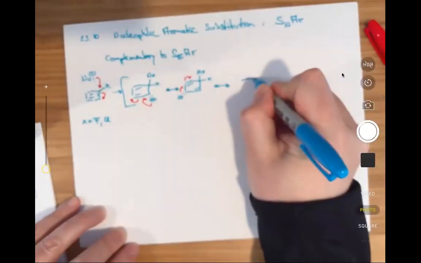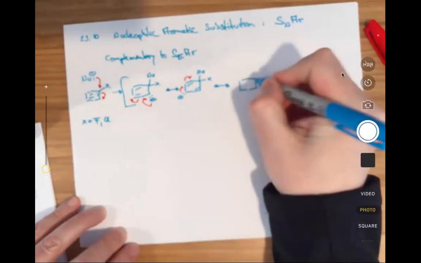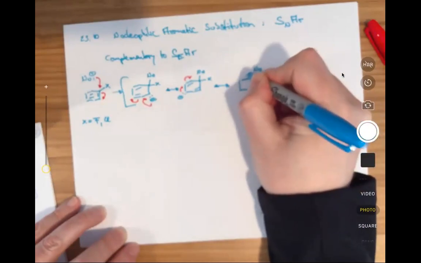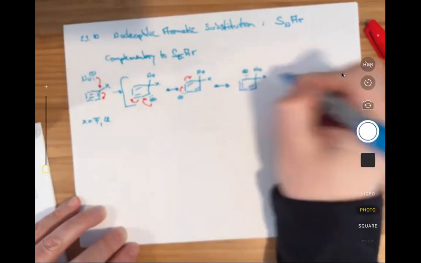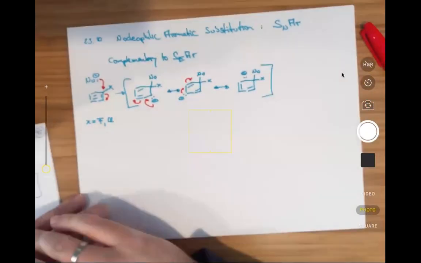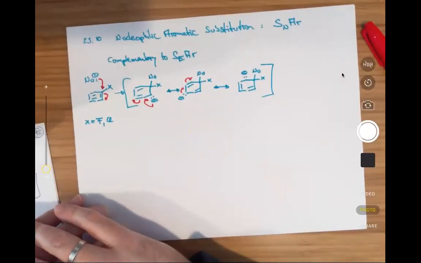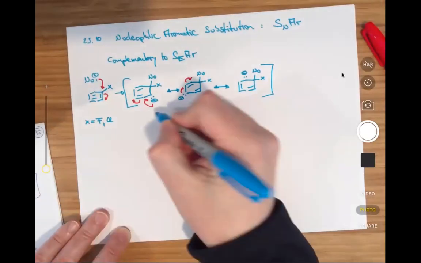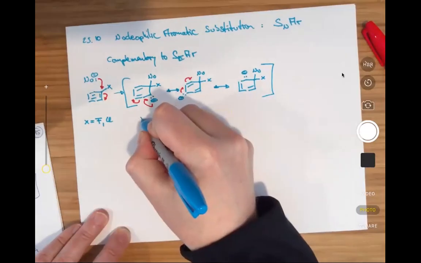And then you end up with the last resonance structure that has a negative charge up here. So this is very similar to the concept that we had with the electrophilic aromatic substitution. In fact, it's virtually identical. So this resonance stabilizes this intermediate.